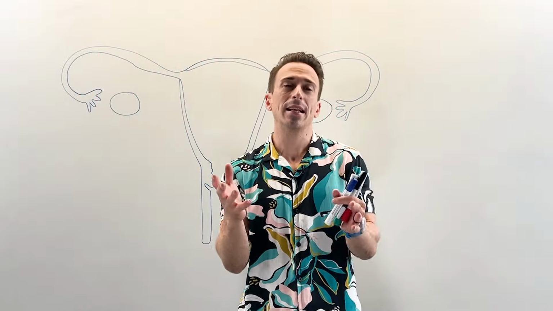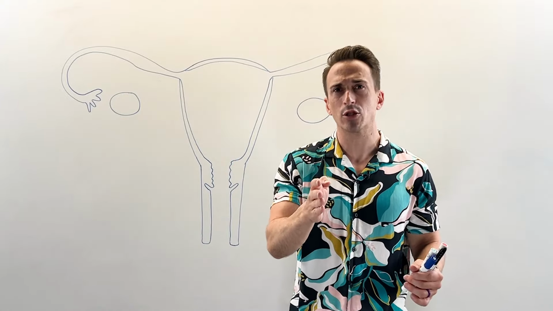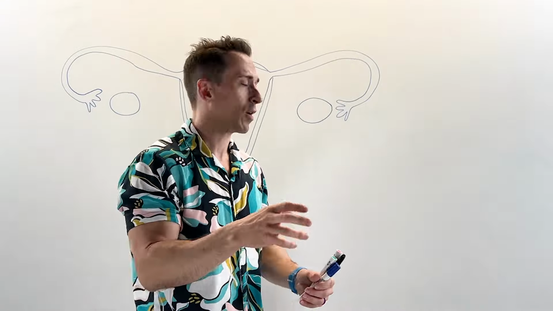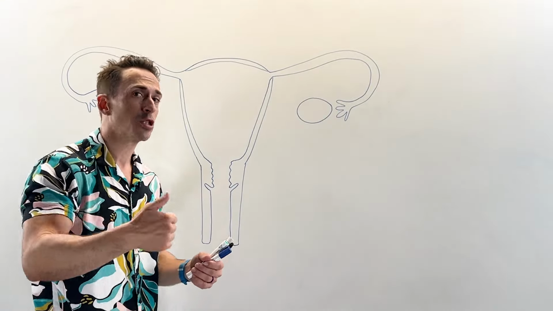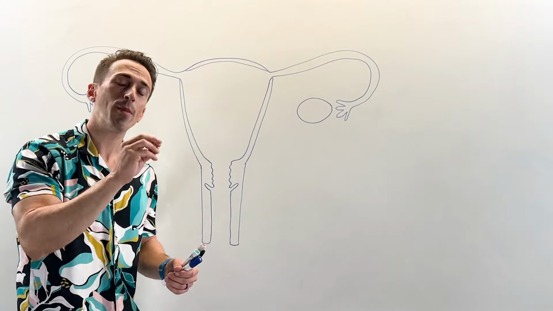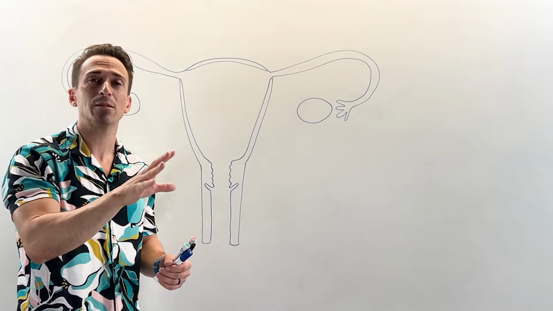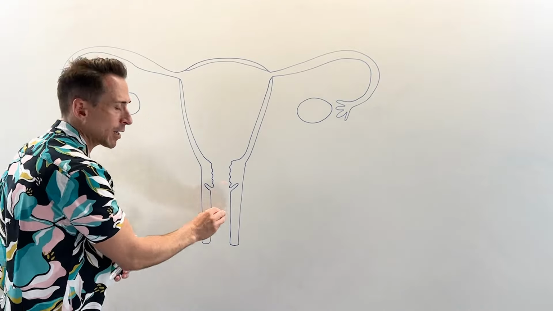So to begin, let's take a look at where we are situated in regards to the female reproductive cycle and the male reproductive cycle. In regards to the male reproductive cycle, sperm has been produced, sperm has matured, and that sperm has travelled through the male reproductive tract and has been ejaculated within semen into the vagina of the female.